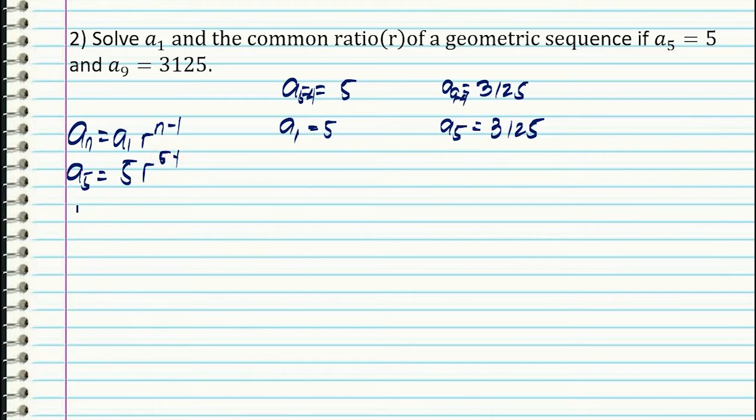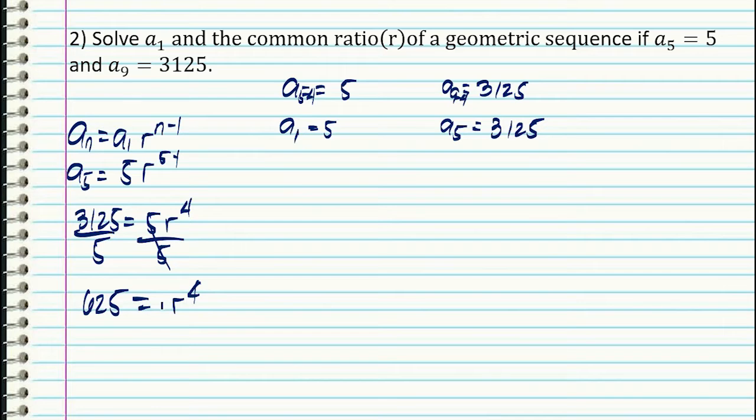Then a sub 5 is 3,125. So 3,125 equals 5 times r raised to the 4th power. So let's divide both sides by 5 to remove 5. So 3,125 divided by 5 is 625 equals r to the 4th power.